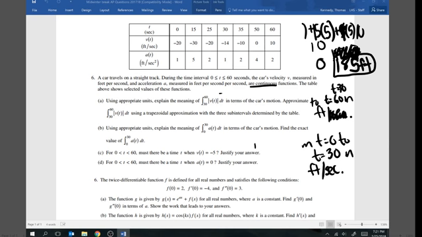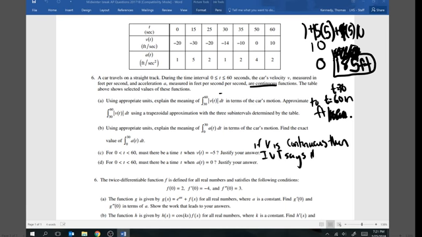So if v is, whoops, I still have crap in the way here. If v is continuous, then IVT says it must be -5 at, and we look up at our table and we're like somewhere on this interval because it goes from -10 to 0.